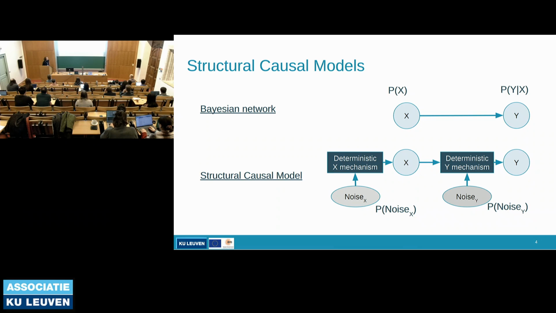The point is that the stochasticity is pushed to the outside, so you assume there are these deterministic mechanisms, where with the same input they will always give exactly the same output, and the reason it's a little bit stochastic is because there are external noise variables, which are also assumed to be independent. The reason we take this view is because we want to make some assumptions and talk about those mechanisms.